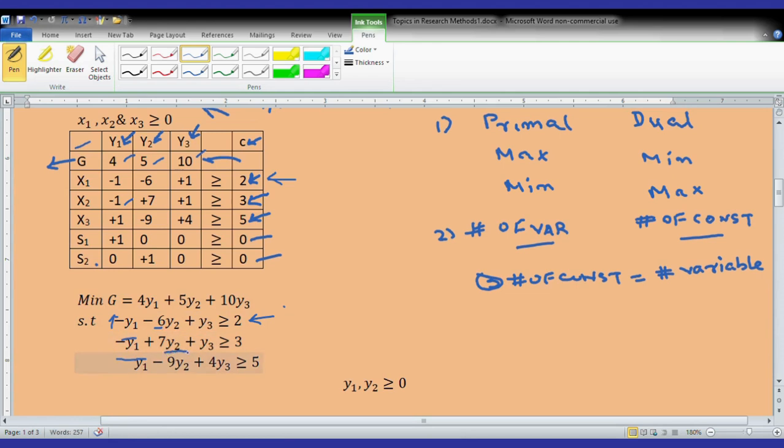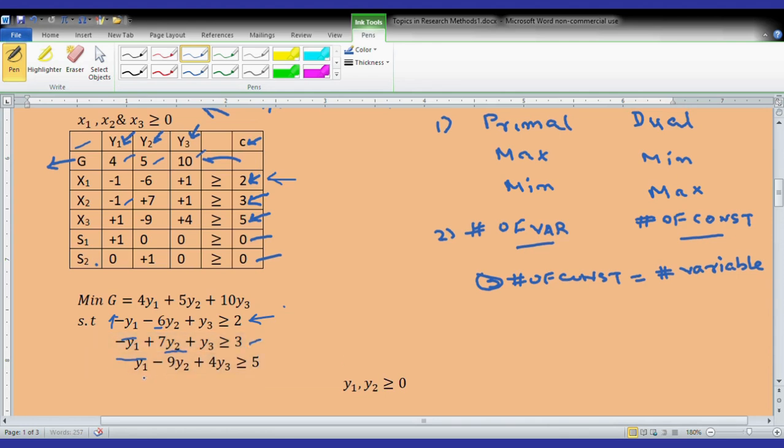So see that we have 7 in the y2 column against x2, and then we have 1 times y3, that is in the y3 column in the second constraint row we have a coefficient of 1, and equal to or greater than, the last column is saying that the equation will have a right hand side equal to 3.